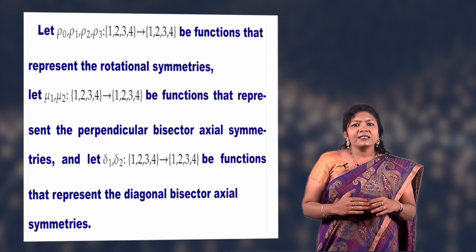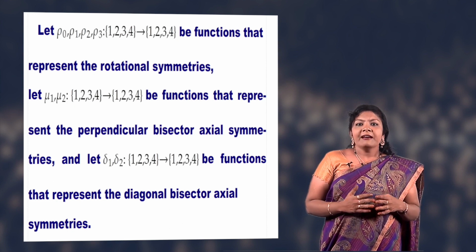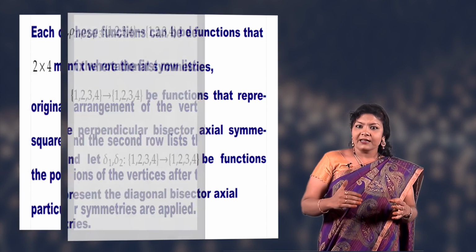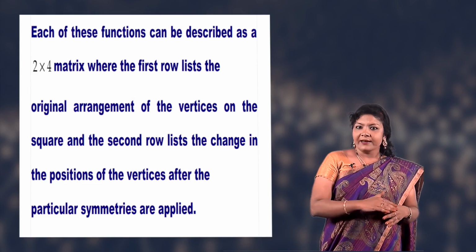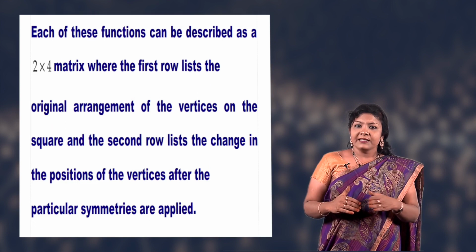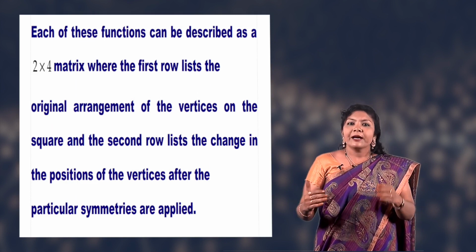Each of these functions can be described as a 2 by 4 matrix where the first row lists the original arrangement of the vertices on the square and the second row lists the change in the positions of the vertices after the particular symmetries are applied.